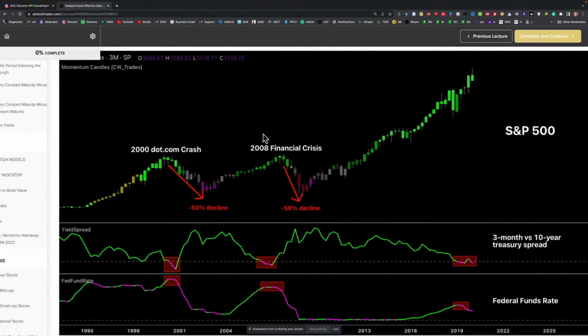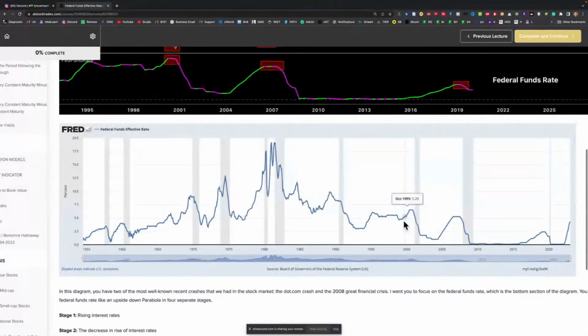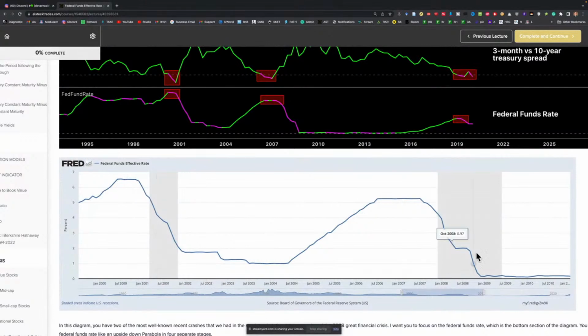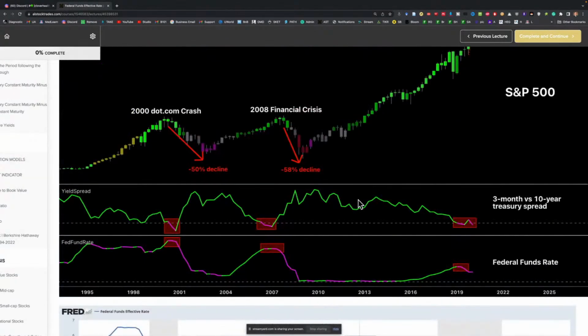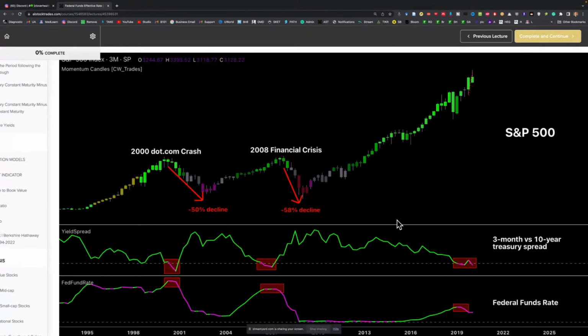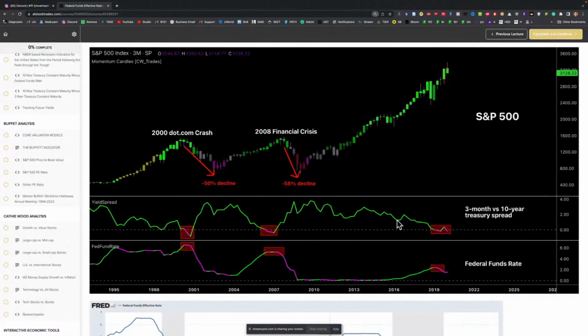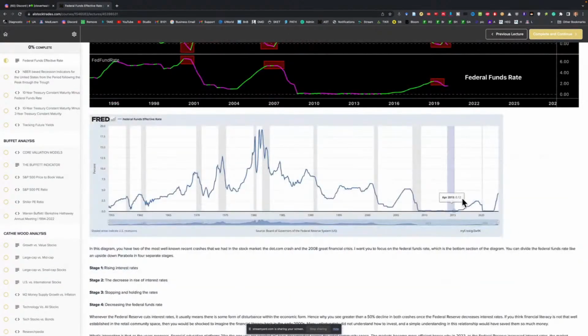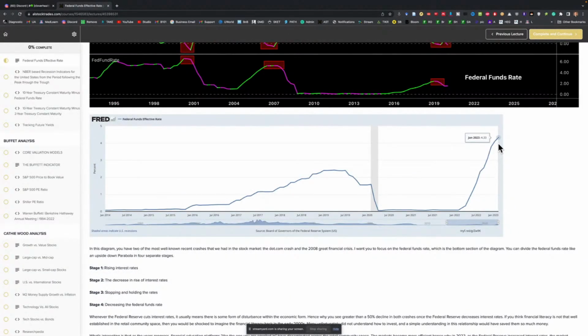The ones that I'm focusing on here are the dot-com bubble crash and the 2008 great financial crisis. And what you're seeing here is basically what you see up top. Dot-com recession. So if you apply this model, many folks are saying the recession hasn't even started yet because the federal funds rate, if you zoom out and reload the page, the federal funds rate, which is here, the most recent one in January 2023, is elevated and we haven't dropped yet.